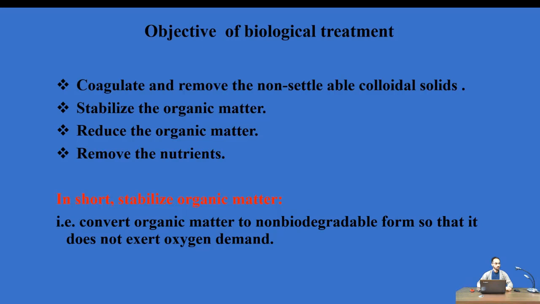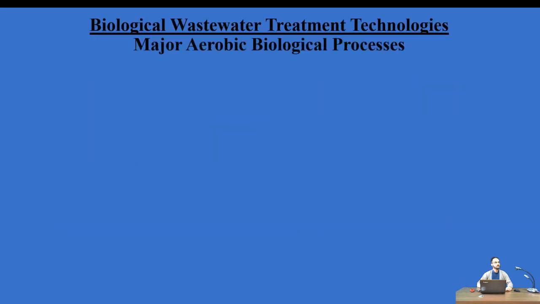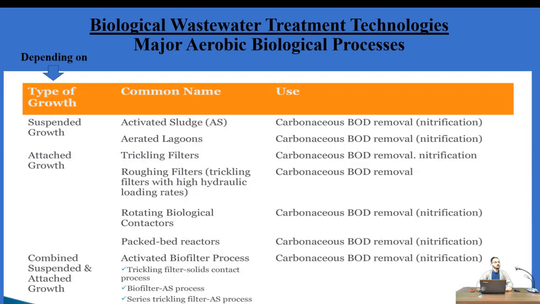In short, stabilizing organic matter means converting organic matter to a non-biodegradable form so that it doesn't exert oxygen demand. Biological wastewater treatment or major aerobic biological processes can be classified depending on the type of growth.